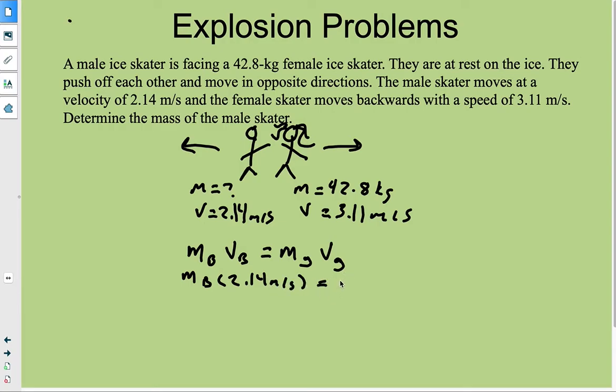And then the girl's mass is 42.8 and her velocity is 3.11 meters per second. So I got to plug that in my calculator. 42.8 times 3.11. So I got 133.1. You can check my math.